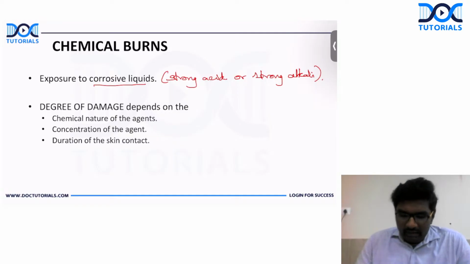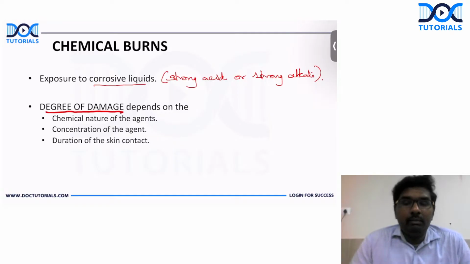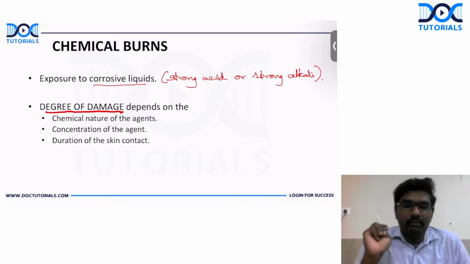The degree of damage caused by chemical burns depends on 3 factors. First will be the chemical nature of the agent, whether it is an acid or an alkali.